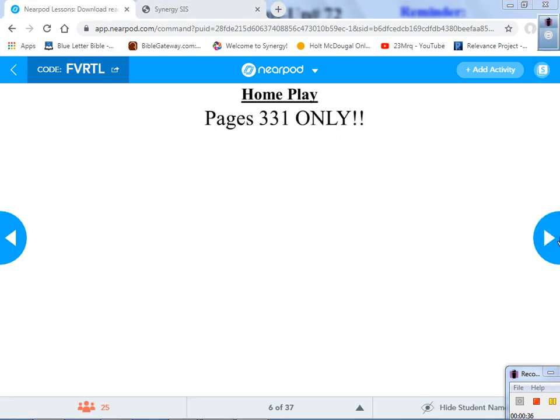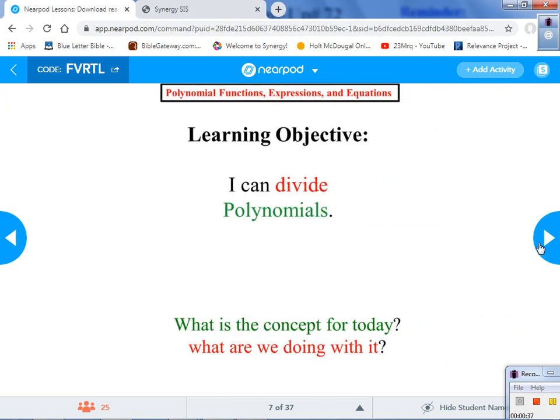All right. Our objective for today: I can divide polynomials. Once again, I can divide polynomials. By now, you should know the definition of polynomials. Turn to your neighbor and let them know the simple definition without looking at your notes.